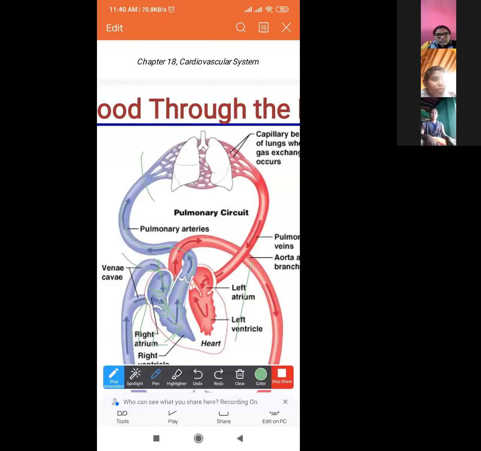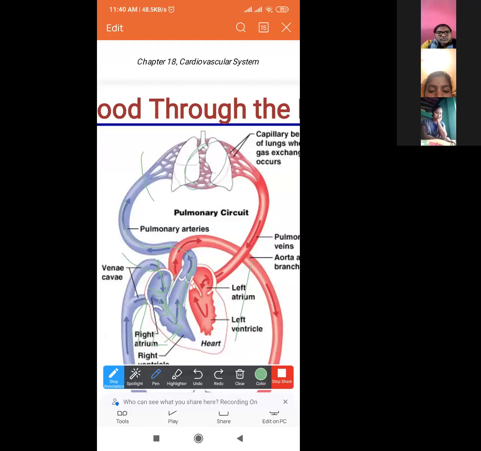Through the pulmonary arteries it reaches the lungs, where the purification of blood is taking place, where we are getting the oxygenated blood. Lungs only is the organ where we get the oxygenated blood. In the lungs, we take oxygen and release carbon dioxide.